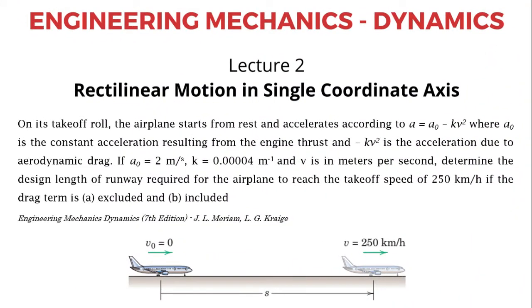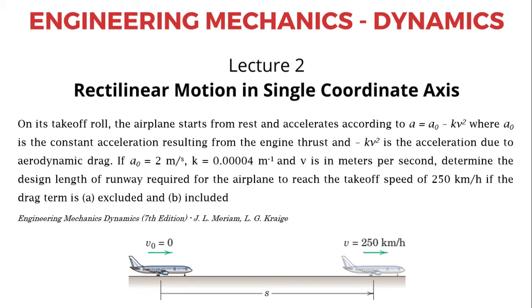On its takeoff, the aeroplane starts from rest and accelerates according to a equals a0 minus kv square, where a0 is the constant acceleration resulting from the engine thrust and minus kv square is the acceleration due to aerodynamic drag.